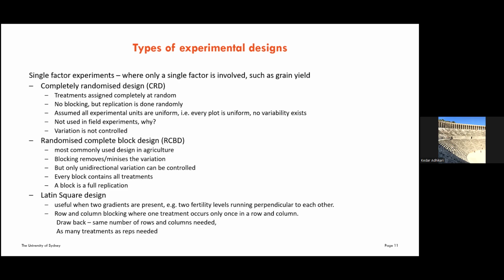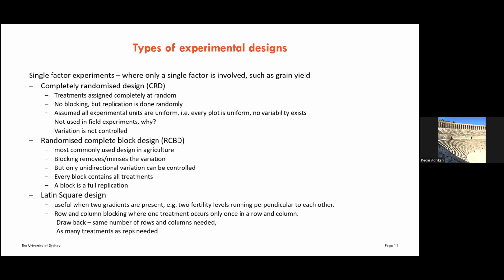The randomized complete block design is useful when the variation is unidirectional. But what are you going to do if you have land that has variation going in two different directions, perpendicular to each other?